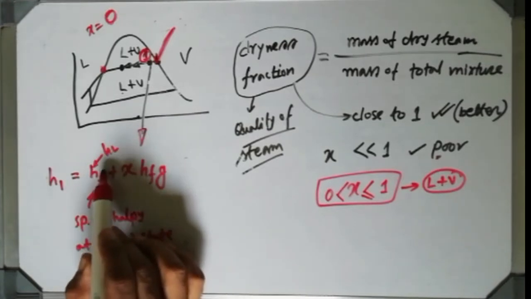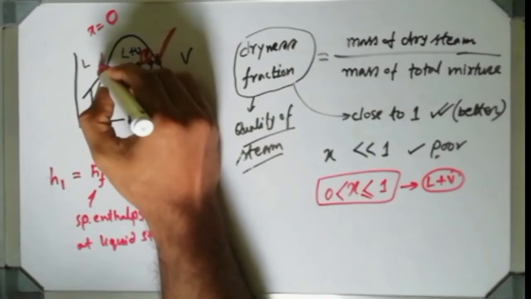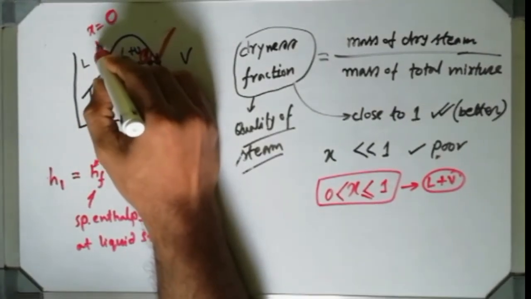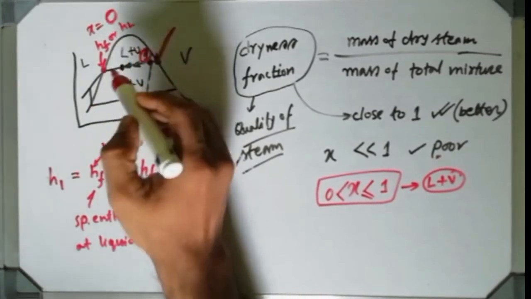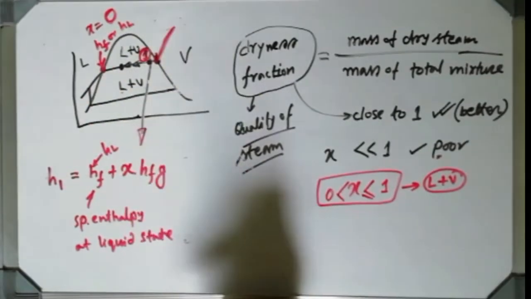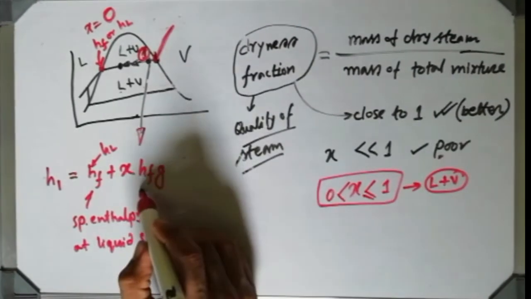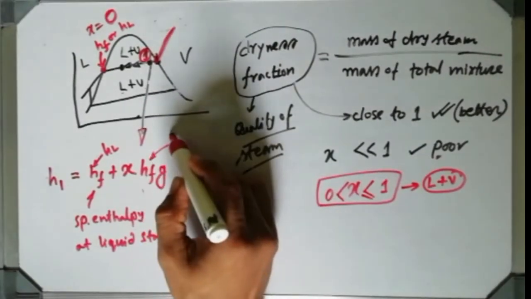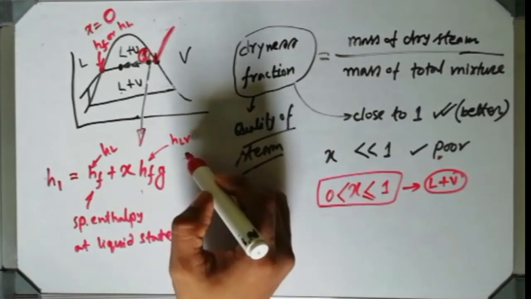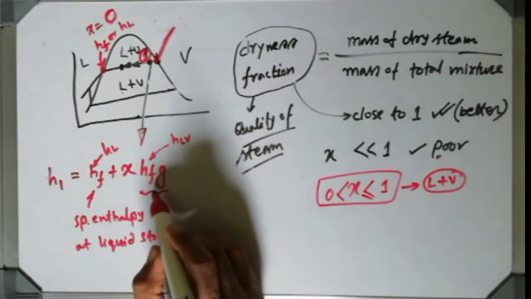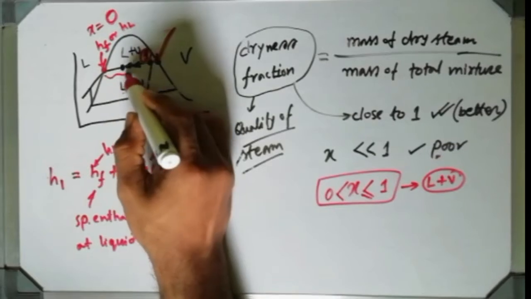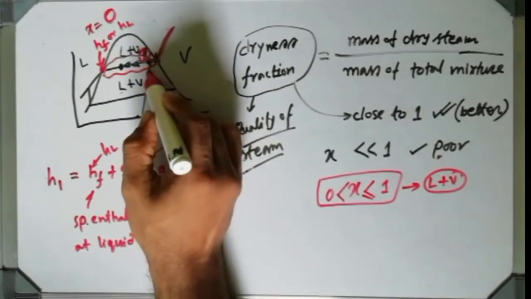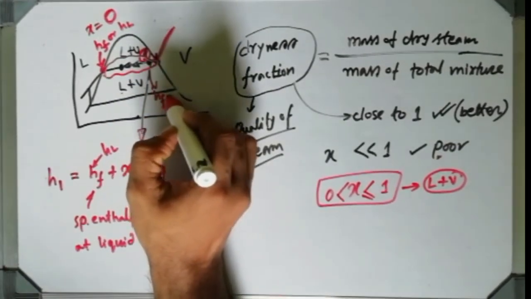Which enthalpy are we actually talking about? This point's enthalpy. At this point the enthalpy is expressed by HF or HL, because this is the liquid line, and HFG in the steam table is expressed by HLV, liquid vapor, but this notation is most widely used. That's why I have noted it as HFG. That HFG enthalpy actually lies inside this liquid vapor zone. Here the enthalpy is expressed by HFG.